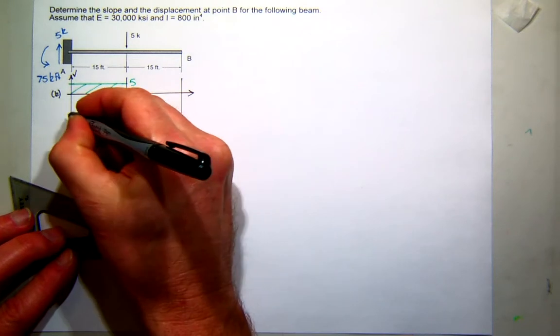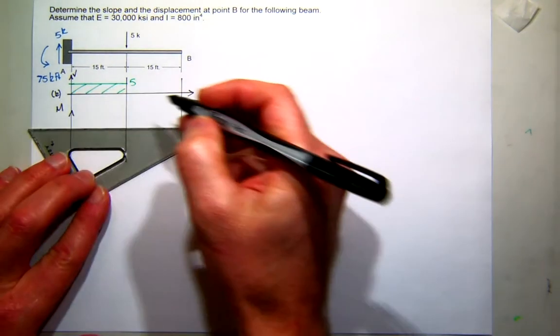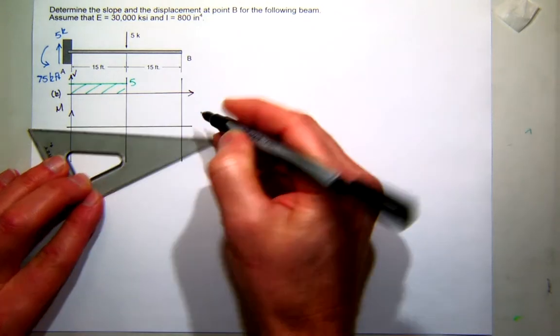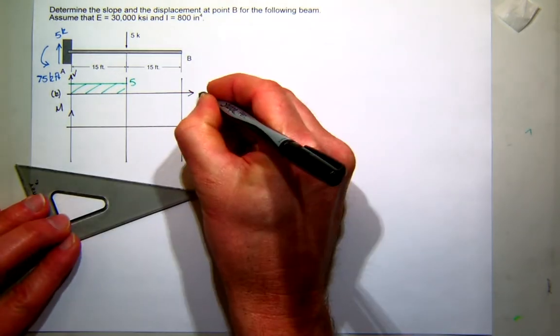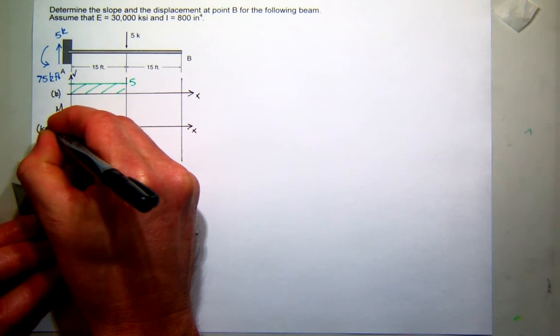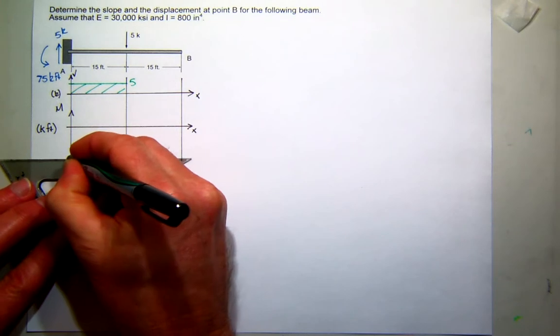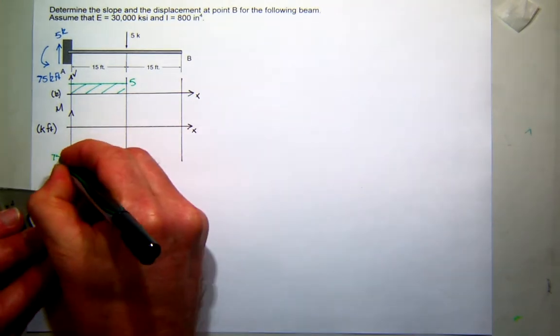So now I'll draw a moment diagram. And this will have units of kips and feet. What's the moment at A? Negative 75.